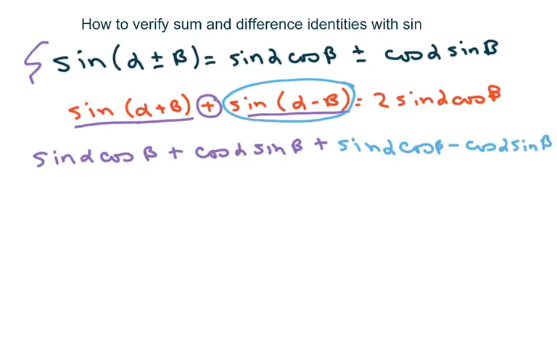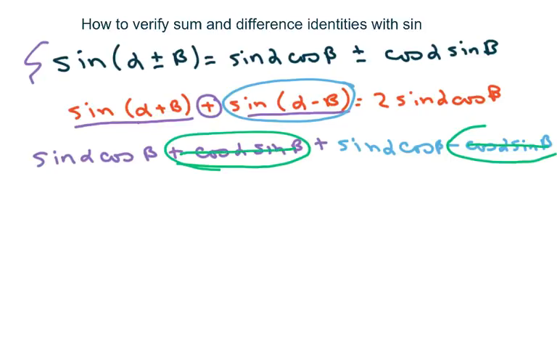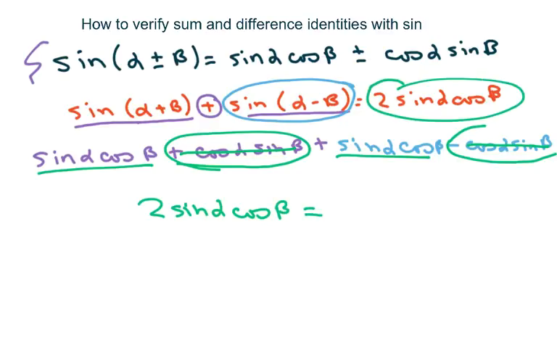And then when we look at this, these two here cancel each other out. So that's a plus and that's a minus. And we have two of these. So we have 2 sine of alpha cosine of beta, equals what we wanted. 2 sine of alpha cosine of beta. So it wasn't hard, it's just a little more work.